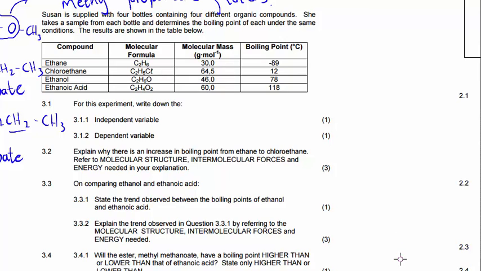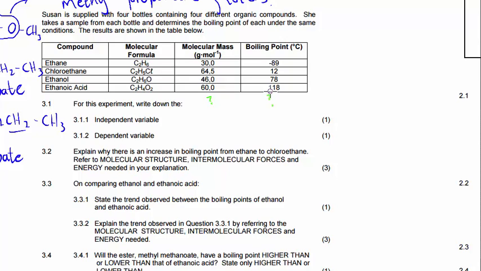First of all, what are we observing? If I had to plot this on a graph, what two things am I plotting on the graph? Molecular mass and boiling point? Isn't it compound and boiling point? You can maybe say molecular mass and boiling point, so either this one or that one.